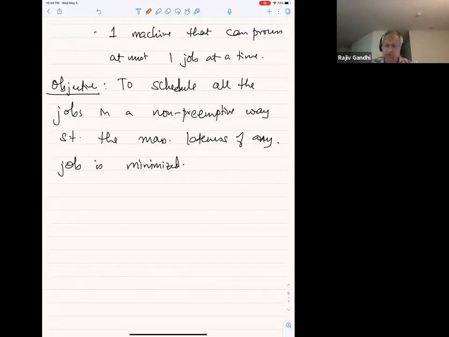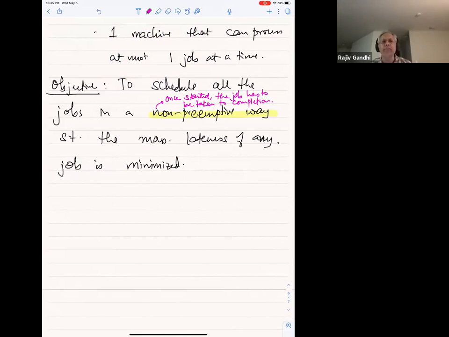The objective is to schedule all the jobs in a non-preemptive way, which means once started, the job has to be taken to completion.